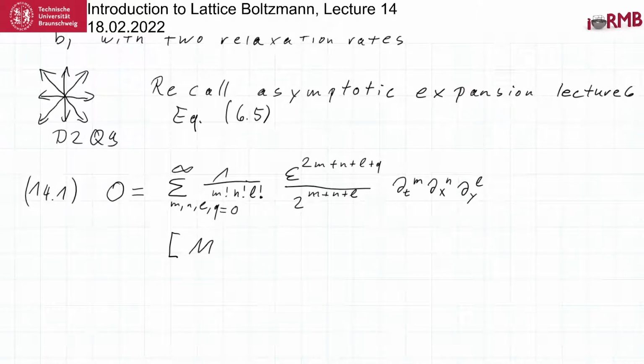So this is what we call the barred moment at the order q, a plus n, b plus l, and this goes into 1 minus 1 to the power of n plus l plus m.